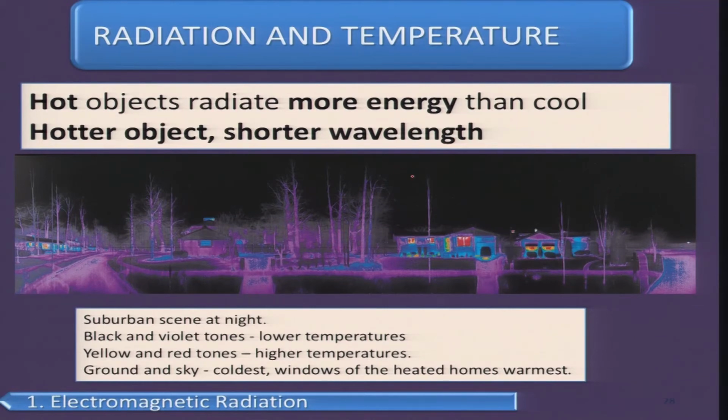So the sky is the area, or this area is coldest, and the black and violet part is with the lower temperature, whereas the high temperature is this yellow and red here. So this is the electromagnetic radiation which can be received from different objects having different conditions. Okay. Either it is hot or cool.